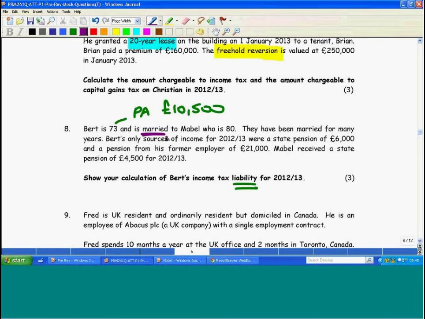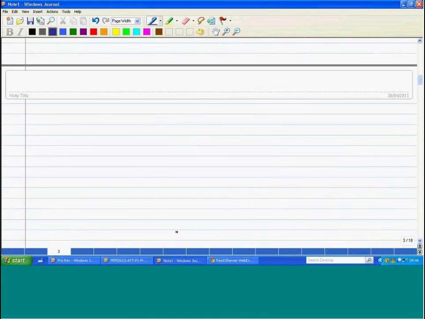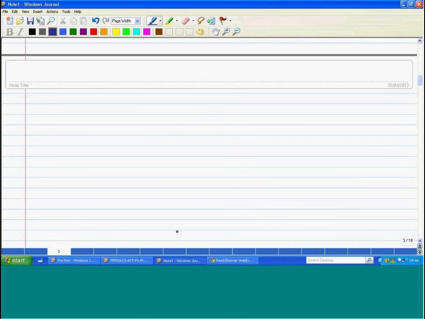So let's have a look at his income in terms of calculating this. So first things first, we need to look at his personal age allowance. Now, if we just jot down the types of income we're looking at, because remember, there's also that rule, again, it's the fourth line down where we see reliefs on the tax tables that says £25,400.